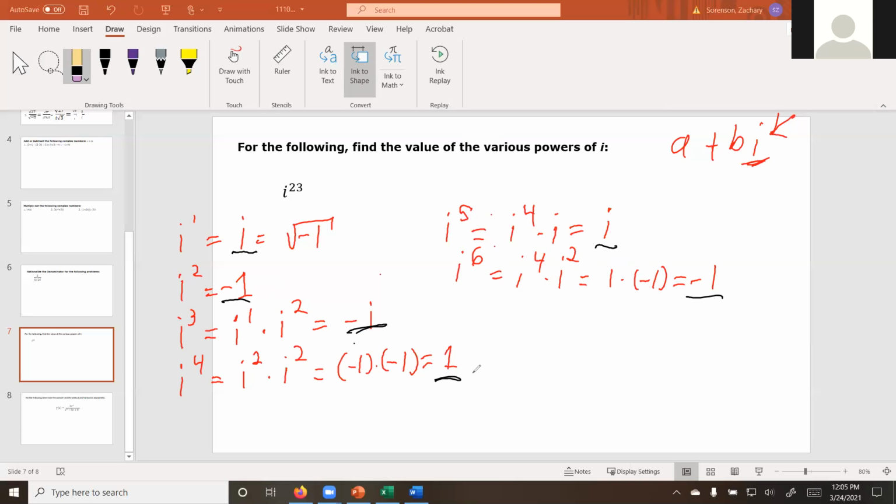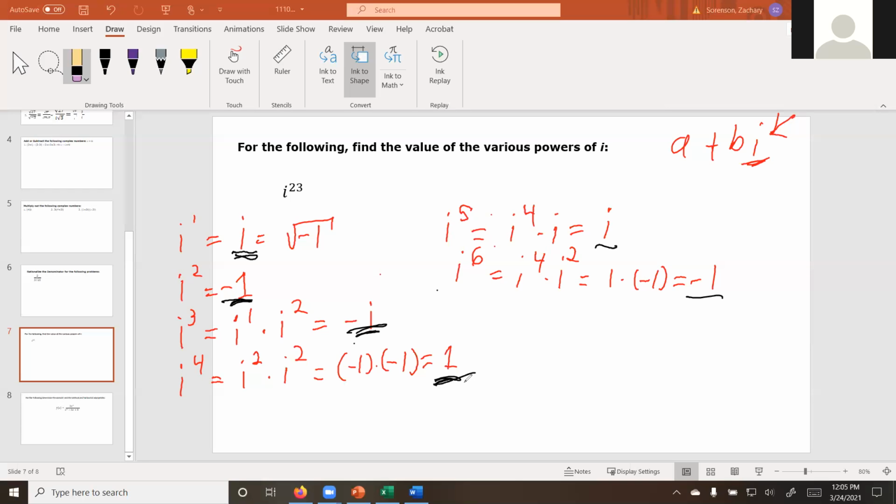Talk about these results. And so actually this continues. i to the 7th is -i, i to the 8th is 1, i to the 9th is i, i to the 10th is -1. I get this cycle of 4, a pattern of 4. It keeps going on and on and on. So what I could do to find i to the 23rd, and this is a strategy that some people post online, is figure out how I can put these pieces together, i to the something times i to the something times i to the something gets me 23rd, and all of my building blocks are these things.